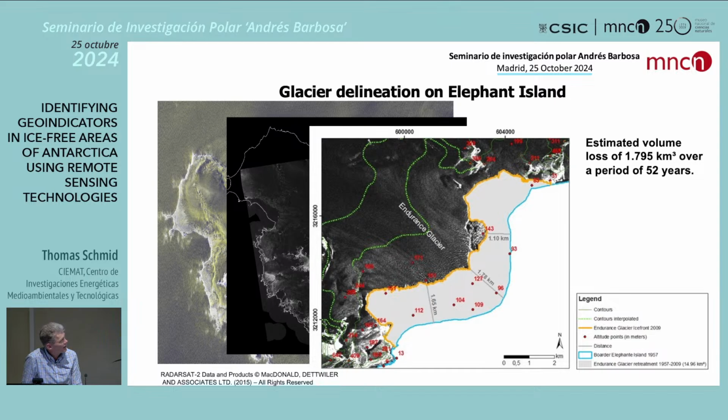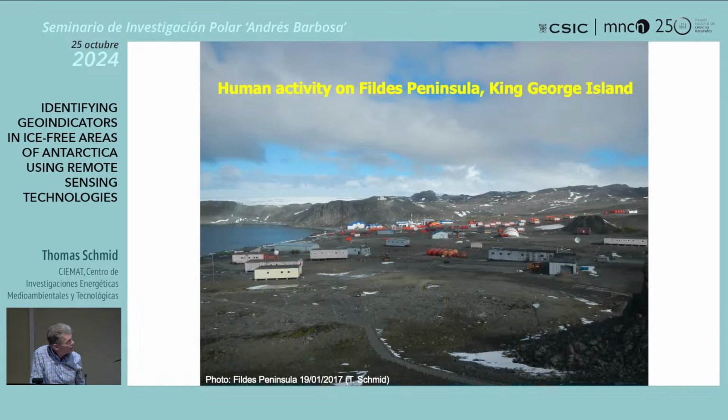We estimated that it has receded by 1.795 cubic kilometers. It's a lot. And that was between 1957 and 2009, so 52 years. We can now get another image and do the same exercise. Then we will probably have the ice front even further back.